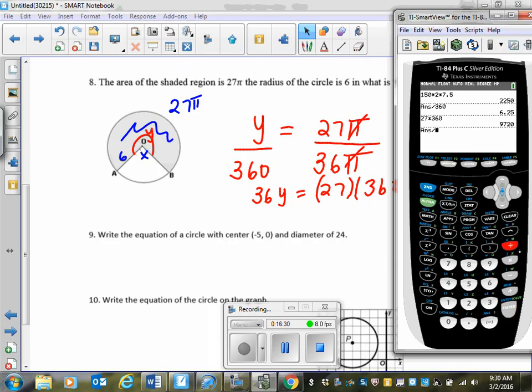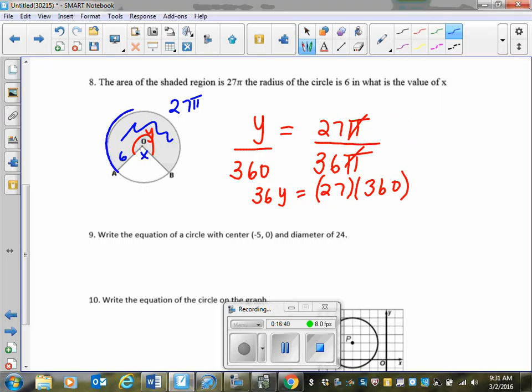Then I need to divide it by 36. That gives me 270 degrees. So the y, which is this degree from here to here, is 270 degrees. You're looking for x, so all you have to do is 360 minus 270 degrees. Okay, that way you can do it.